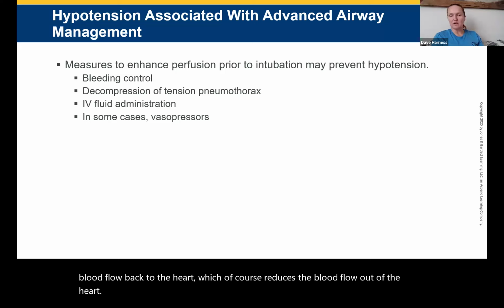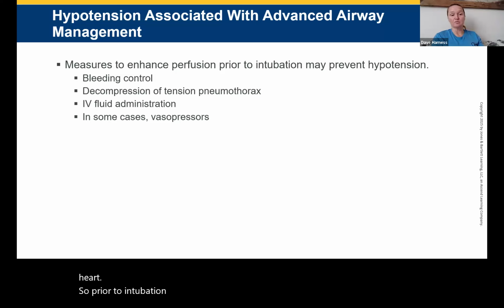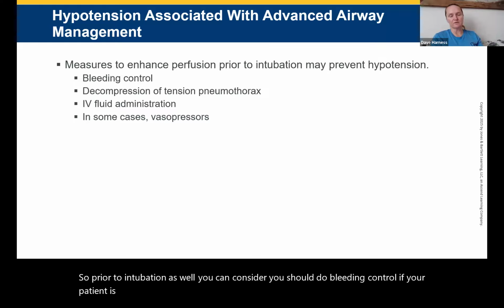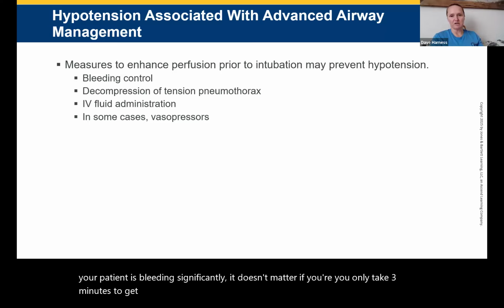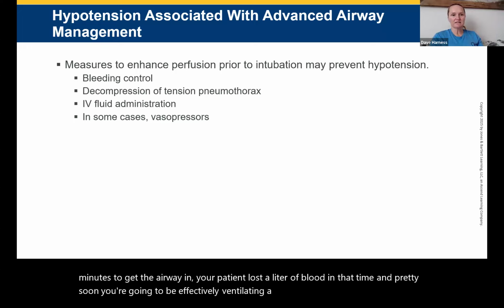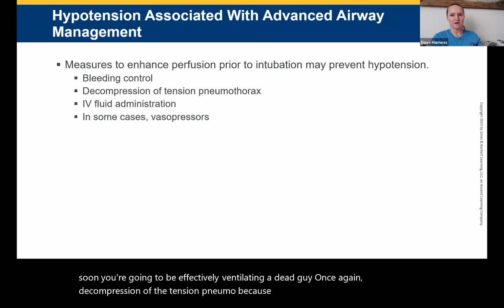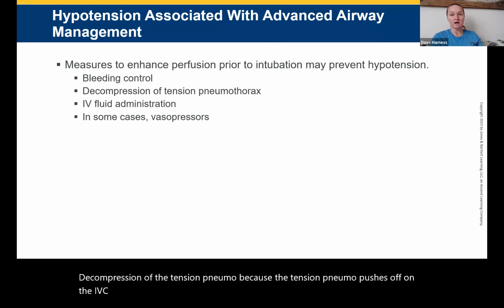So prior to intubation, you can consider, well, you should do bleeding control. If your patient is bleeding significantly, it doesn't matter if you only take 3 minutes to get the airway in, your patient lost a liter of blood in that time, and pretty soon you're going to be effectively ventilating a dead guy. Once again, decompression of the tension pneumo, because the tension pneumo pushes off on the IVC as well, causing the same reduced blood flow to the heart issue.